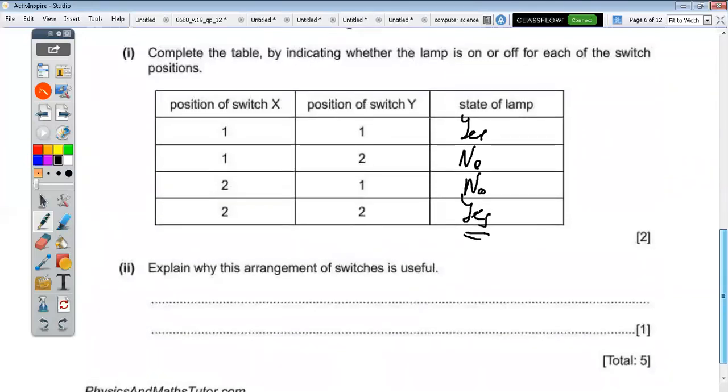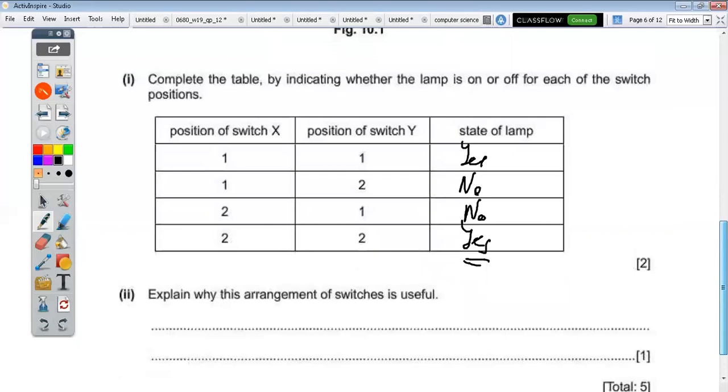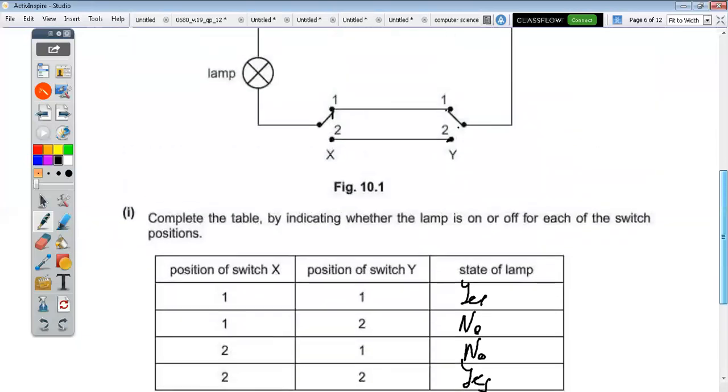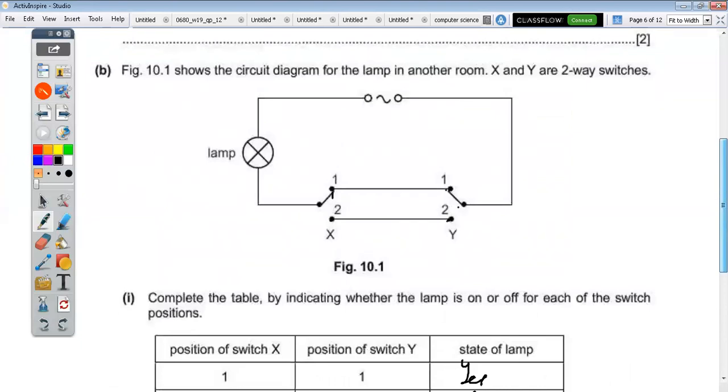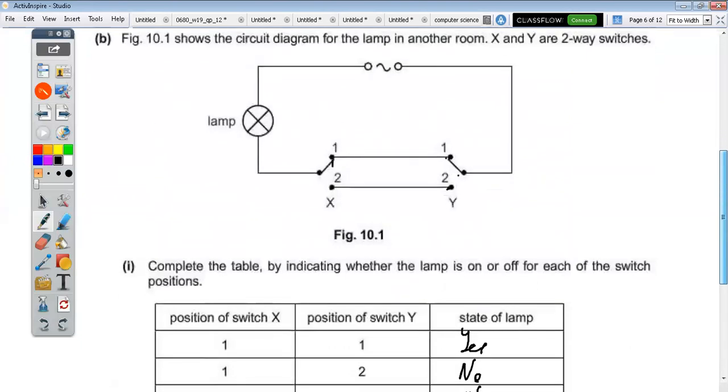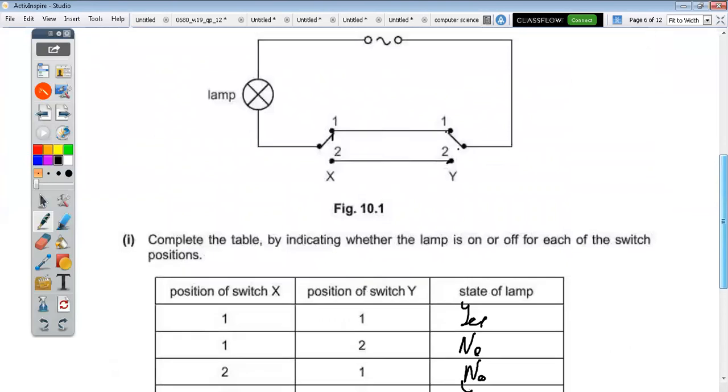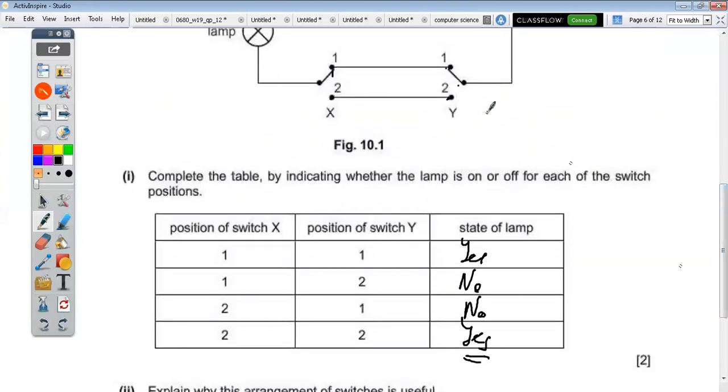Explain why this arrangement is useful. Because it allows you to switch on and switch off from both sides, in two ways, from this side or the other side.